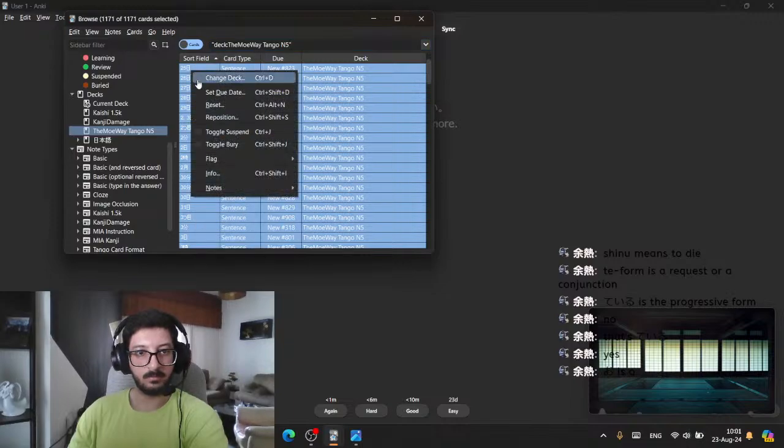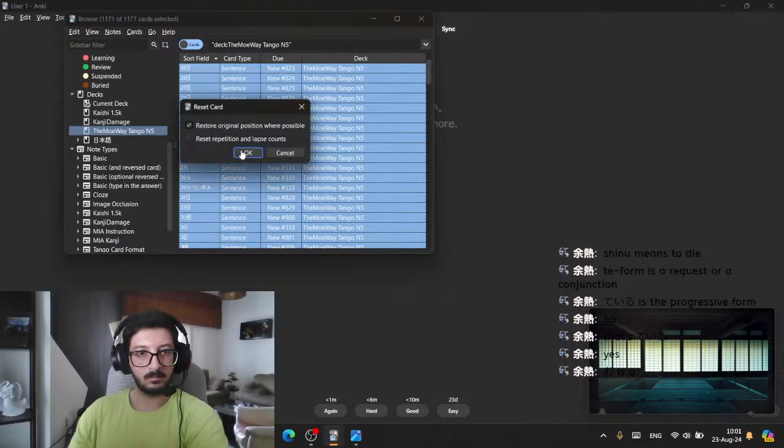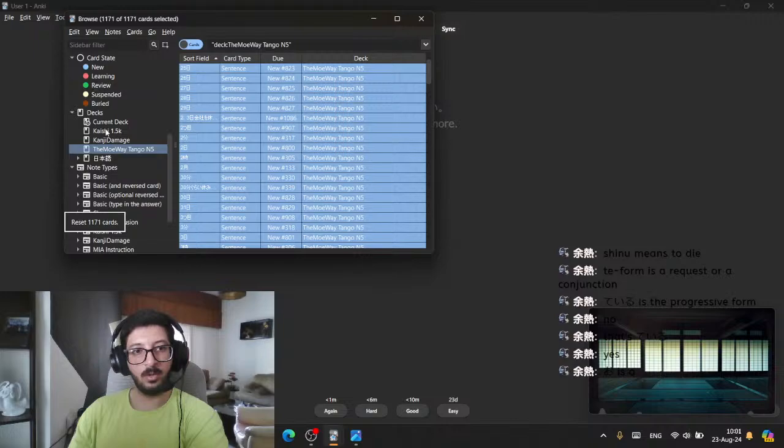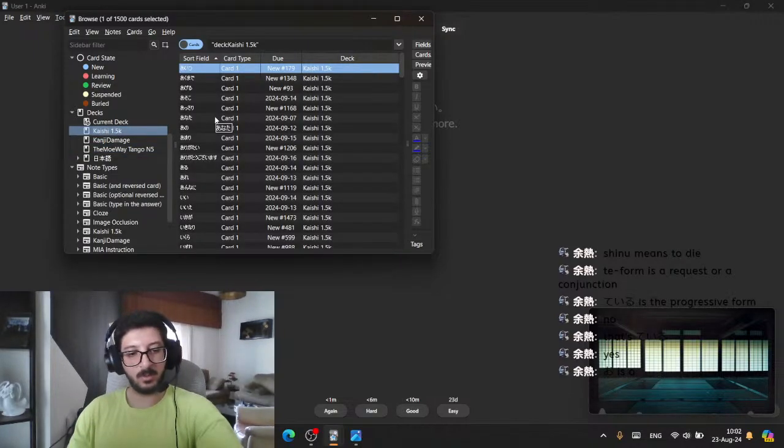Reset. Restore original position. I will do the same for Kaishi as well.